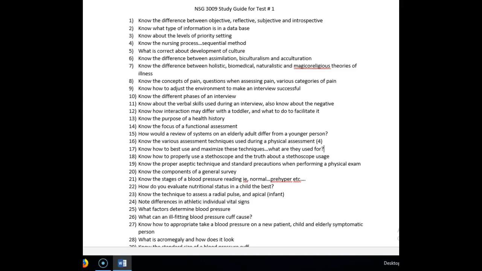Question number 2, know what type of information is in a database. Remember earlier in chapter 1, you can reference page 2 in your textbook, we talked about databases in particular.